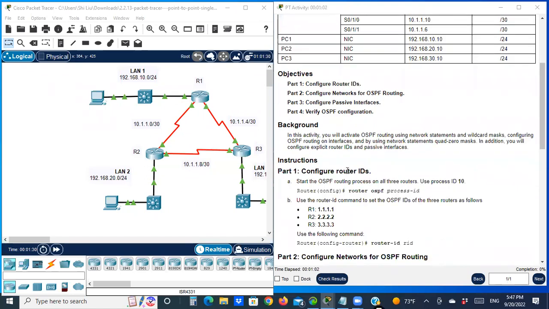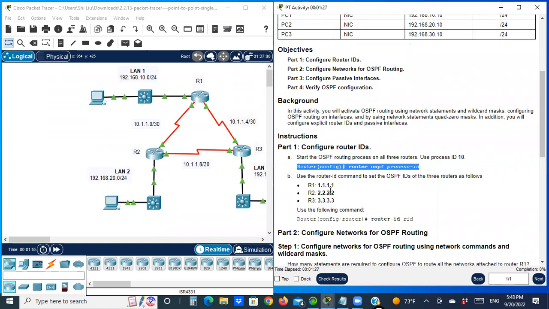And we're going to go straight to configure router IDs. Start the OSPF routing process on all three routers. Use process ID 10 and use this command. And use the router-id command to set the OSPF IDs of the three routers as follows.